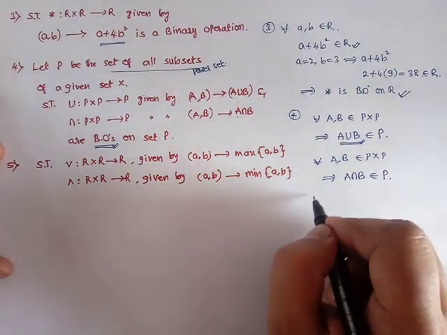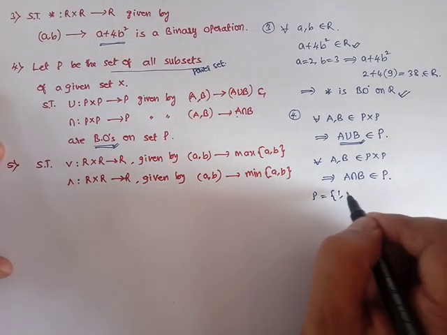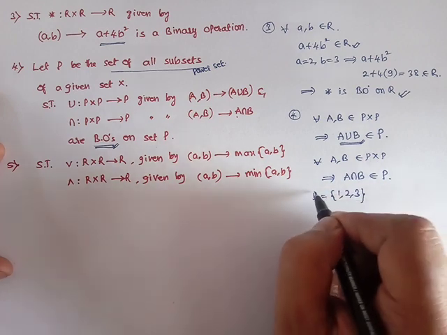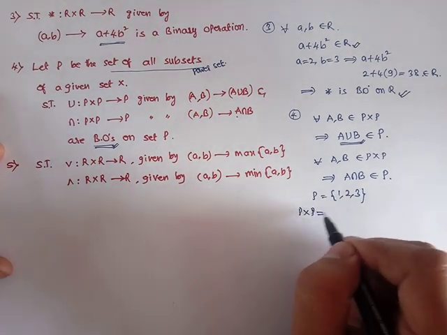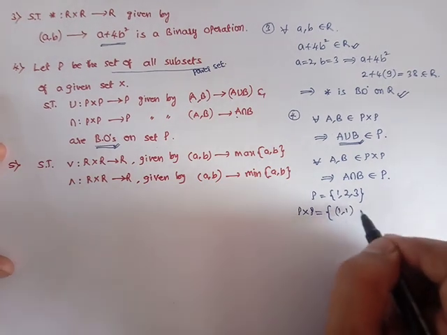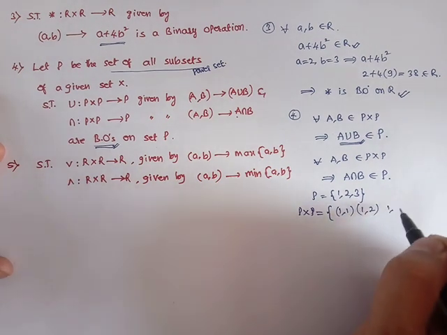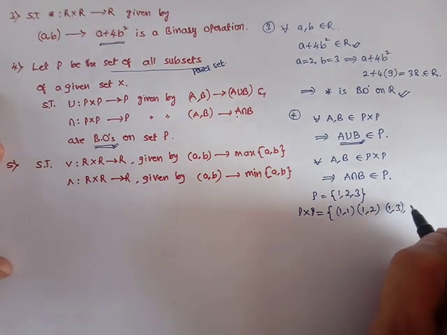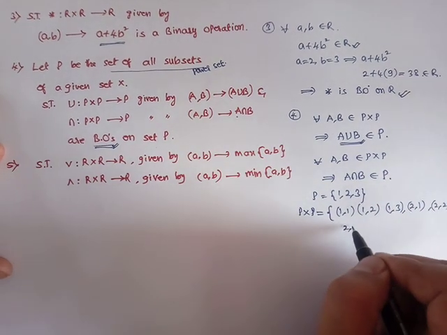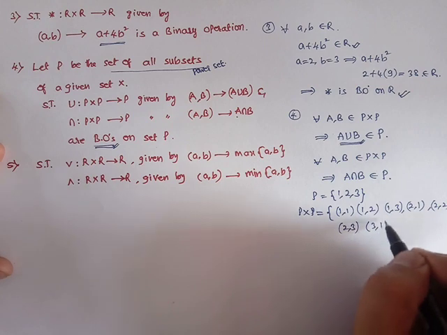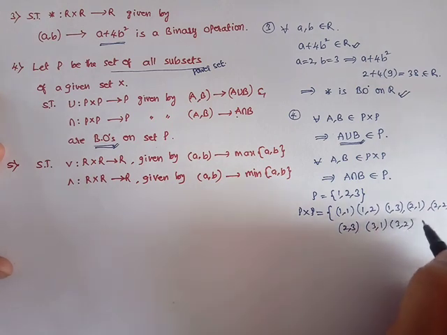So consider P equals 1 2 3. Now what can you write for P cross P? P cross P can be written as 1 comma 1, 1 comma 2, 1 comma 3, 2 comma 1, 2 comma 2, and 2 comma 3, 3 comma 1, 3 comma 2, and 3 comma 3.